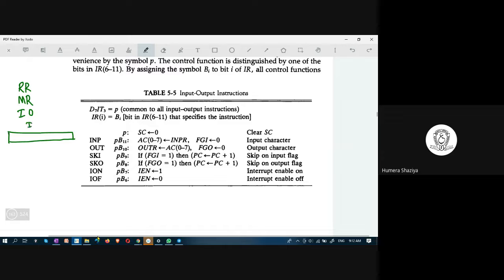This instruction register has this mode bit and the opcode, or simply the code. Can anyone tell me, in I/O instructions, what are the components within an instruction register?